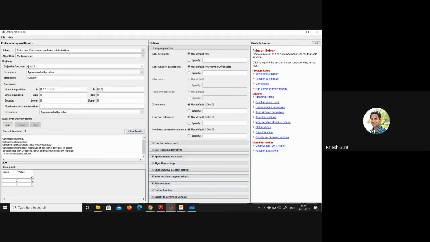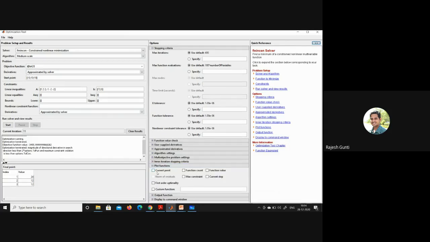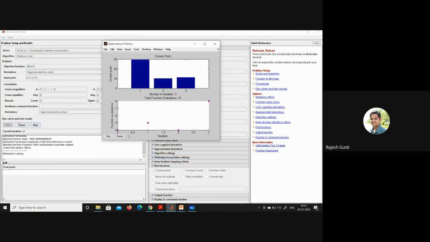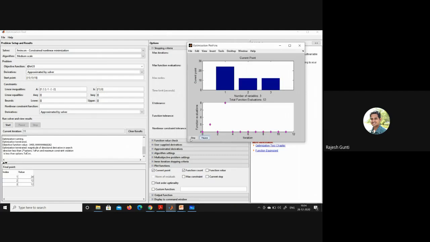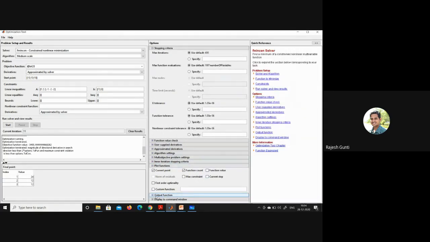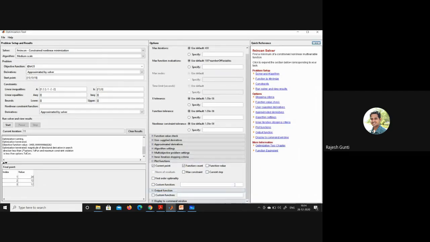So this is used in that method with 3 variables x1, x2, x3. Display command.